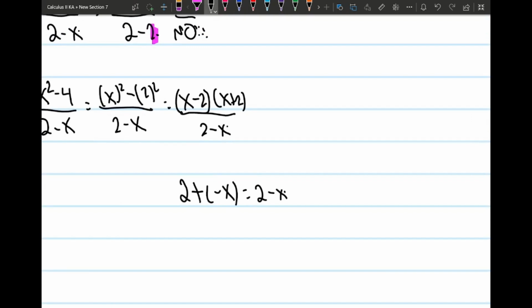So the negative x can go first and then the plus 2, and we can rearrange it that way.